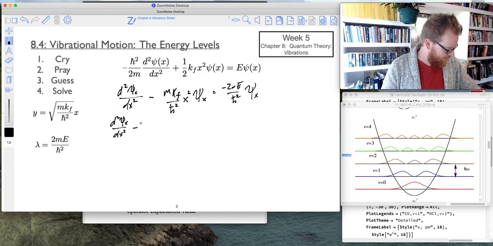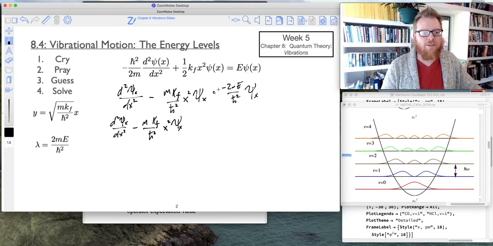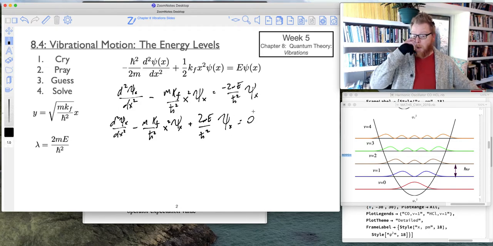So minus m kf over h bar squared times x squared times psi of x, and of course now that's plus 2mE over h bar squared psi of x, all equal to 0.